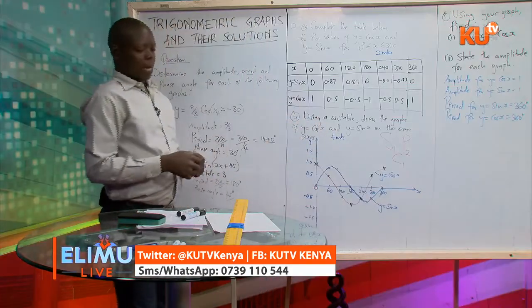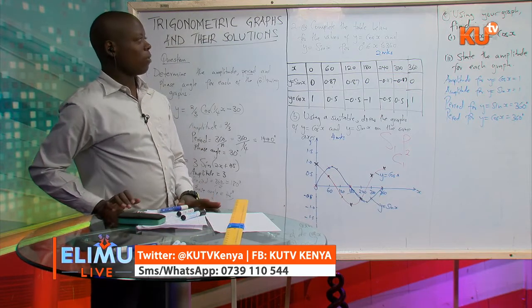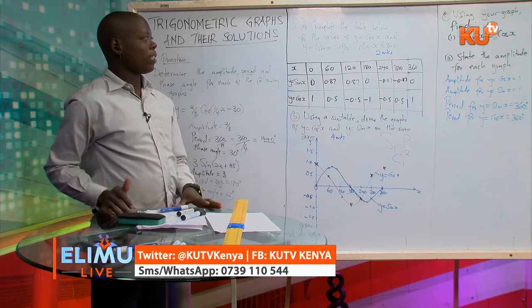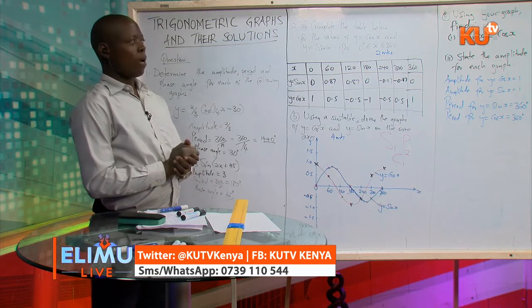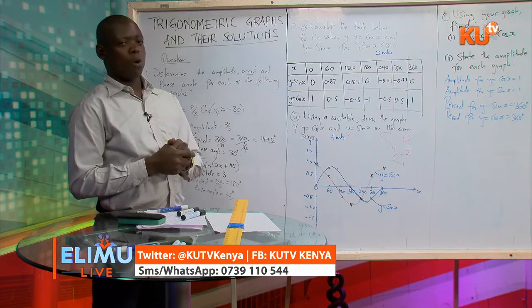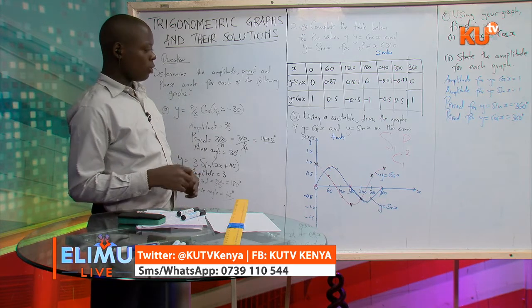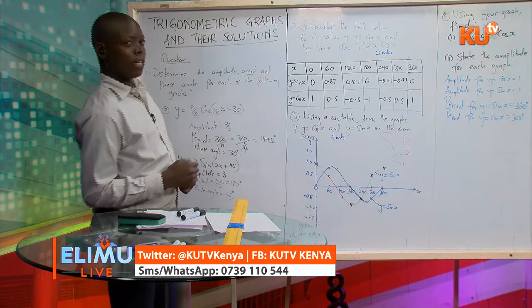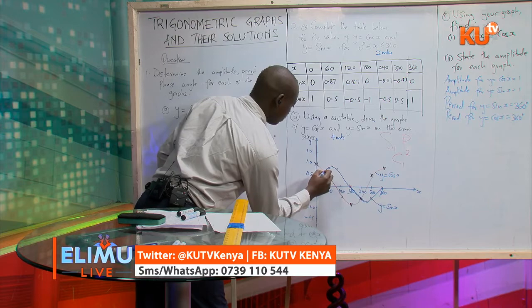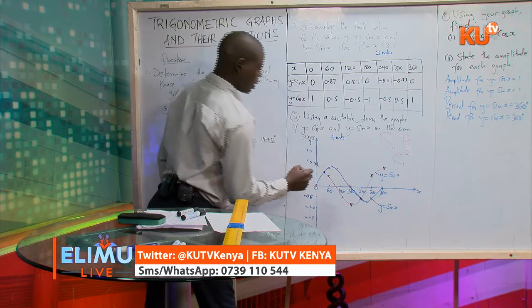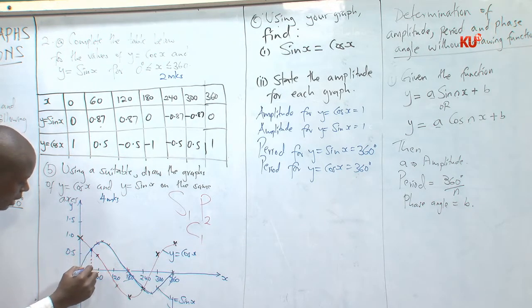And so we are left with part 1. In part 1, my students, what you are asked is to get the value of x for which sine x is equals to cos x. Where the two graphs are equal should be the point of intersection. So we only need to look at the points of intersection. This is the first point of intersection of these two curves, and then extrapolate to read the value on the x-axis.